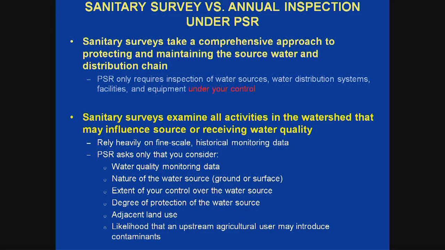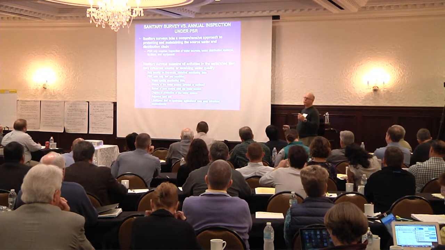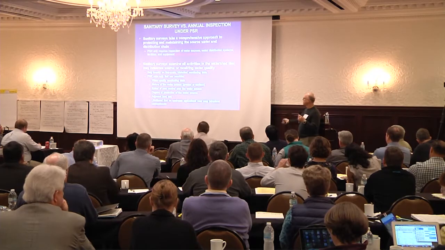Basically, they get a list of these are the things you shall not do on the land, right? That's not something that you have. So your inspection really starts at your property line in terms of what's under your control.